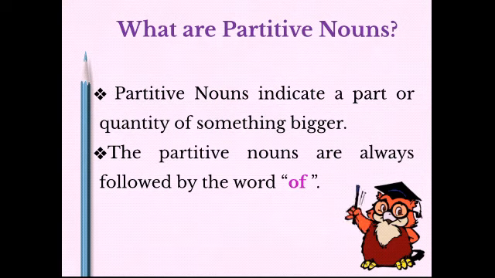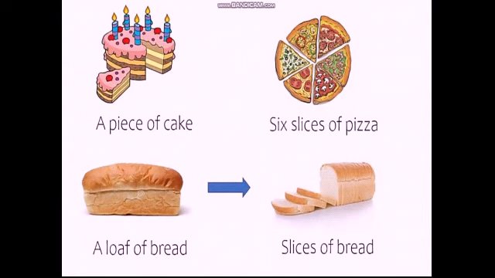What are partitive nouns? Partitive nouns indicate a part or quantity of something bigger. The partitive nouns are always followed by the word of. Let's see some examples. See the picture.